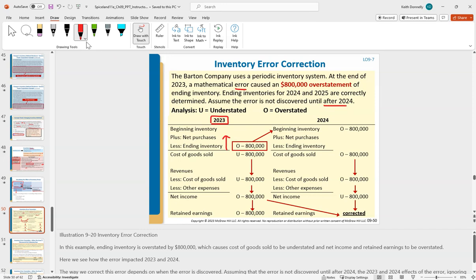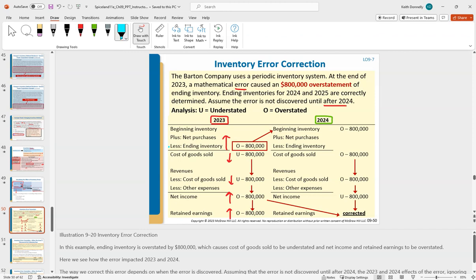So first off, let's compare this, right? We've got 2024 and 2023 here. How does this affect 2023? Well, if our ending inventory is too big, then our cost of goods sold is going to be too small, right? If our cost of goods sold is too small, our net income is going to be too big. If our net income is too big, our retained earnings are going to be too big, right?